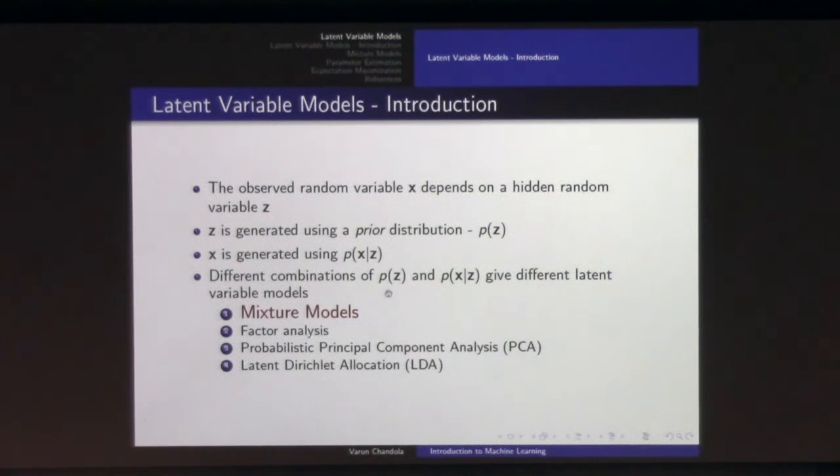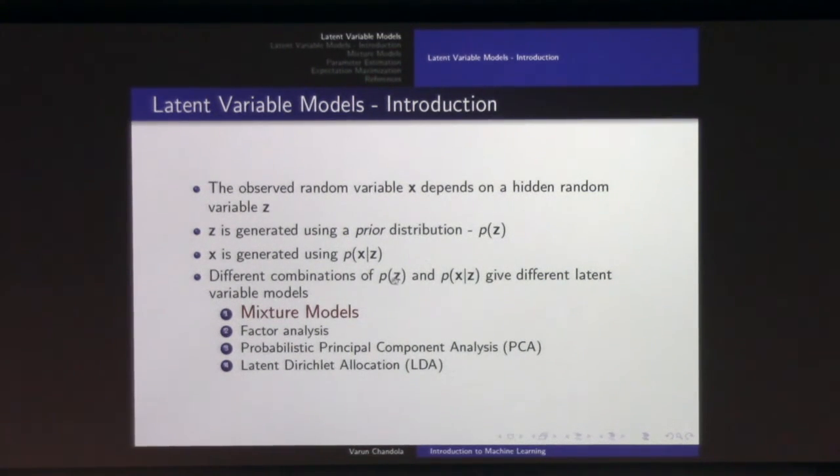For example, if you assume that z is a categorical variable, which means that the hidden variable can take maybe 4 values, 5 values, then latent variable modeling becomes a mixture model. That will be our next topic, that's why I have it in red. If you don't assume that z is a categorical variable, if you assume that it can take any value, then it becomes what we call factor analysis.